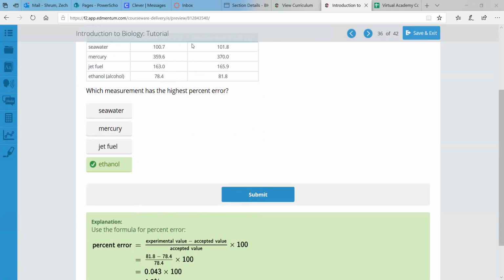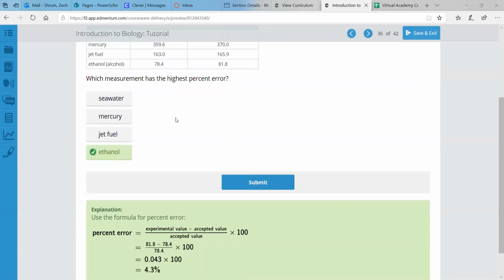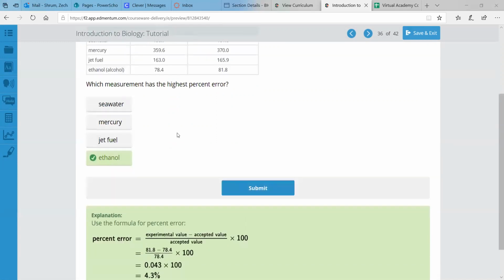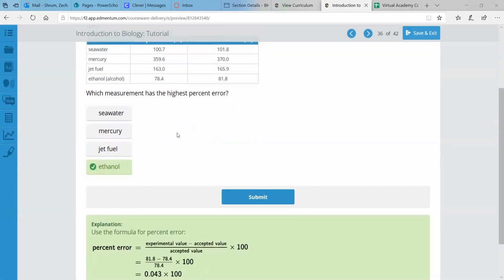So for ethanol, we have the experimental value of 81.8 minus the accepted value, 78.4, divided by 78.4 times 100. So that's 4.3%. And that was the highest of the others.